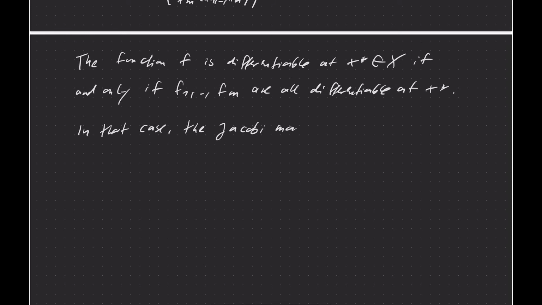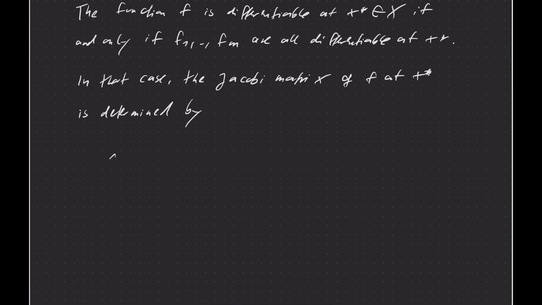The Jacobi matrix of f at x star is determined by, well, Jf at x star is then simply the matrix made up of the differentials of the component functions.